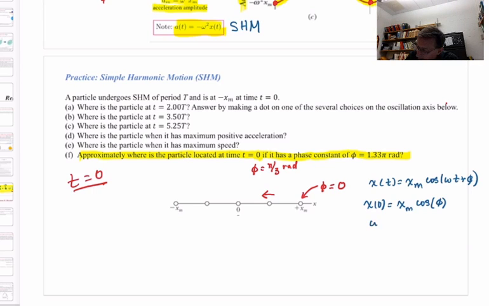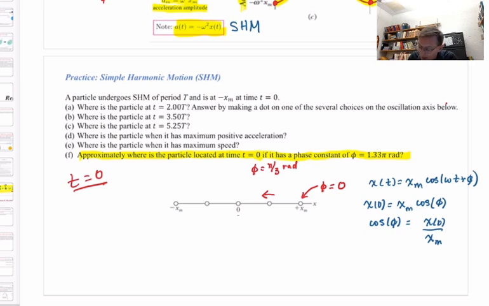So cosine of phi equals x of 0, x initial, over x max. And if that ratio, x initial over x max, is a half, which it would be right there, you discover the phi is pi over 3 radians. 60 degrees, but we want to think in radians. And it's traveling to the left.